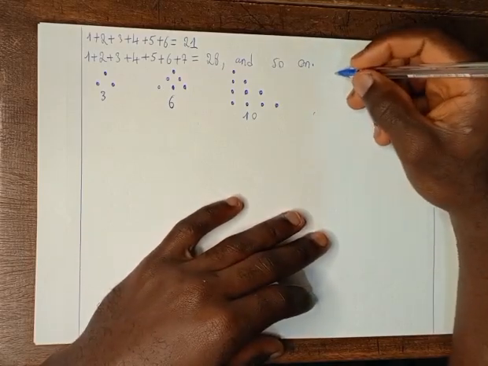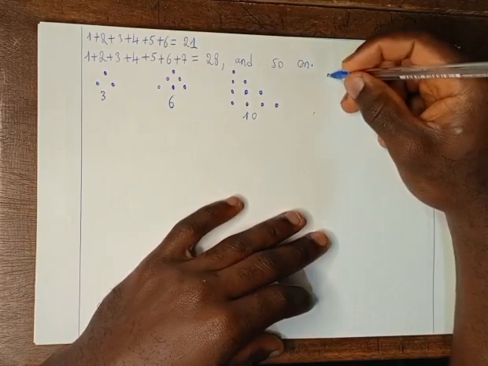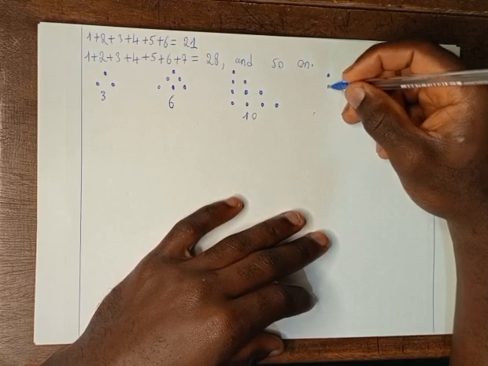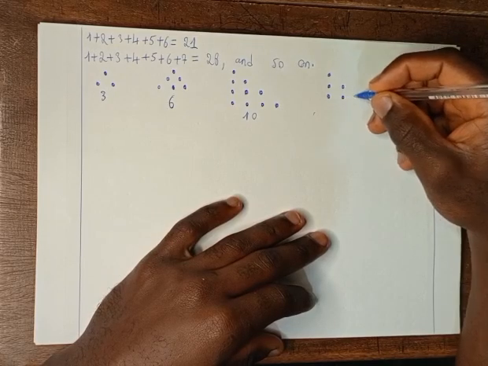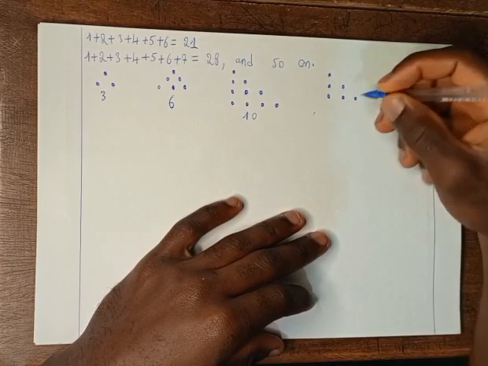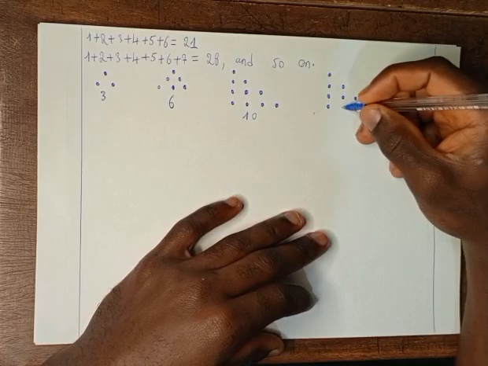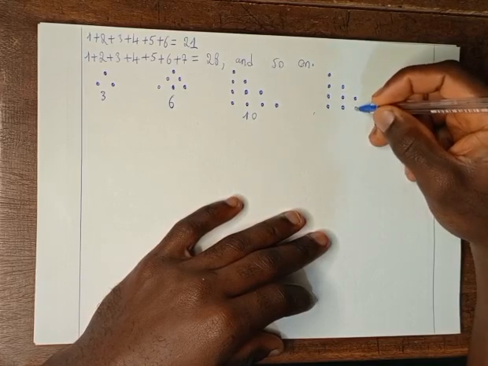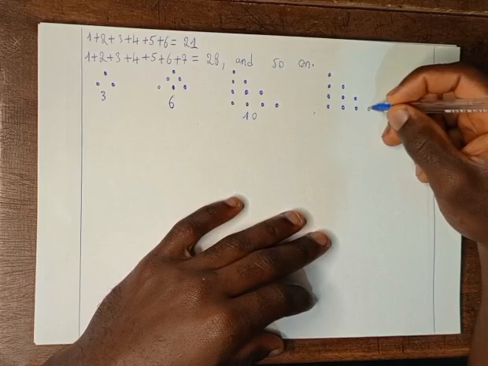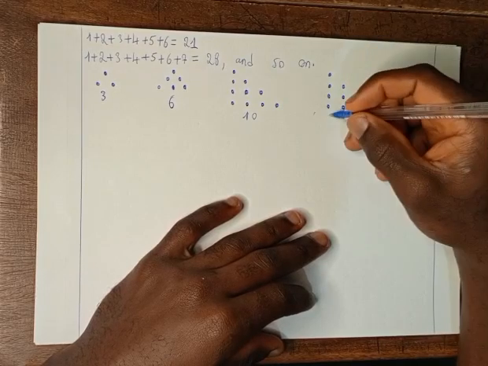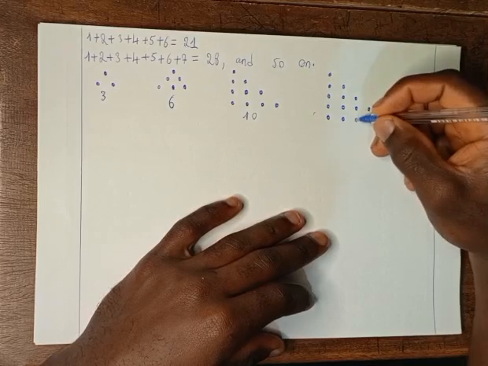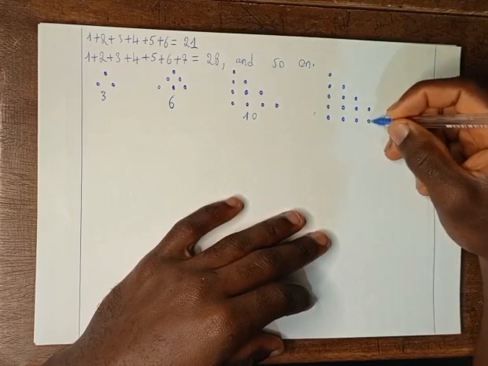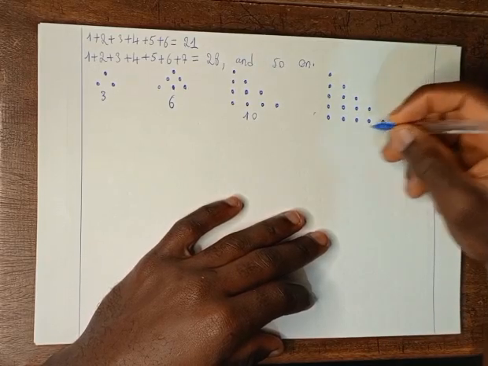We can represent 15 as such. We make use of a right angle triangle. This one is for 15.